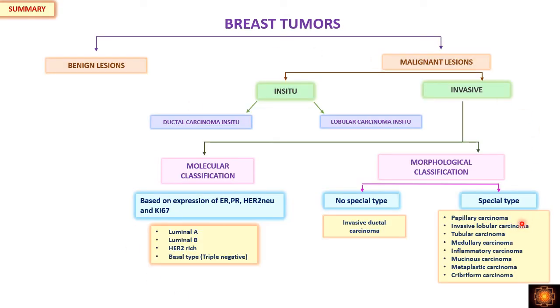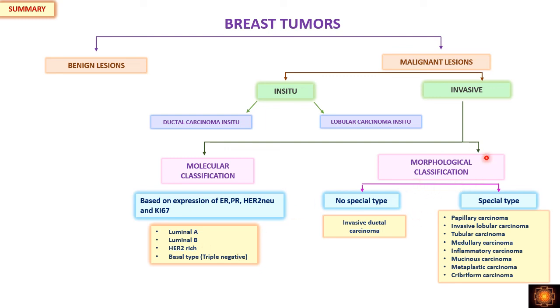When you're reading about the classification, remember the malignant lesions are classified as in situ and invasive. In situ we have ductal carcinoma in situ, lobular carcinoma in situ. Invasive we have molecular classification and morphological classification. In the molecular classification, based on the ER/PR, HER2, Ki67, we have luminal A, luminal B, HER2 enriched, and basal type or the triple negative.